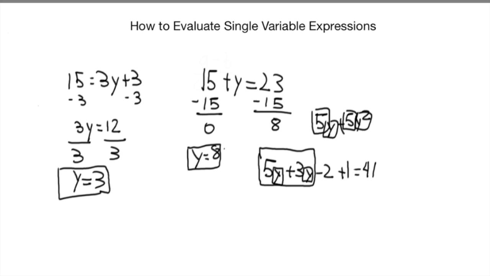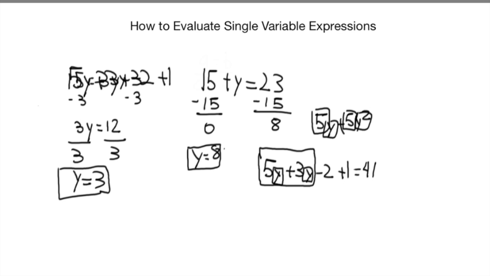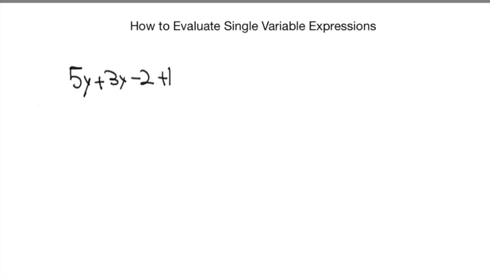So you know what? Let's just open up a new thing. Let's just continue a problem over there. 5y plus 3y minus 2 plus 1. Start over here. We had 5y plus 3y minus 2 plus 1, right? Just make sure that's what we had before. Minus 2 plus 1, yeah, that's exactly it.